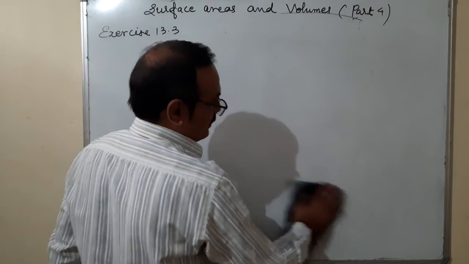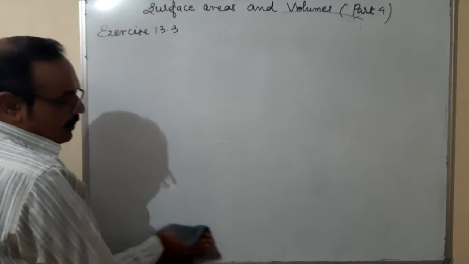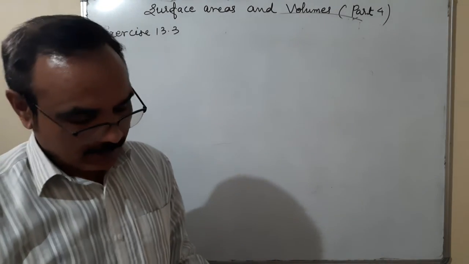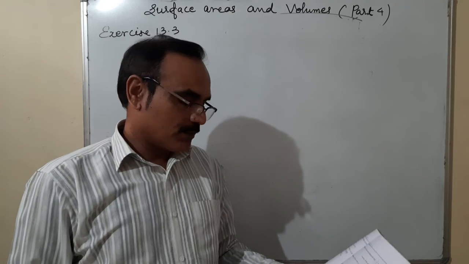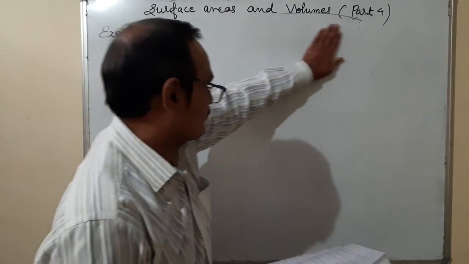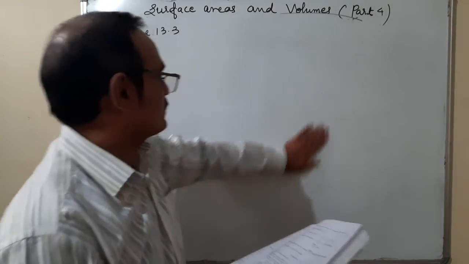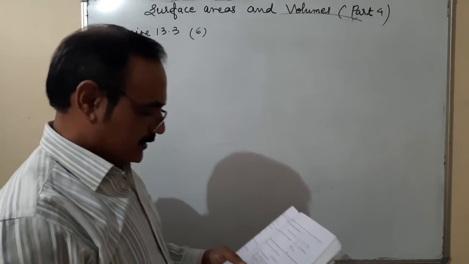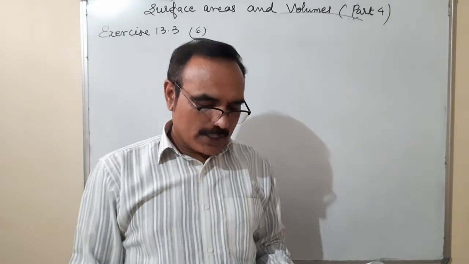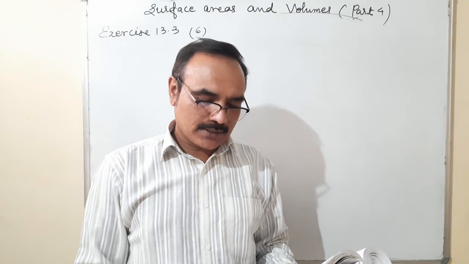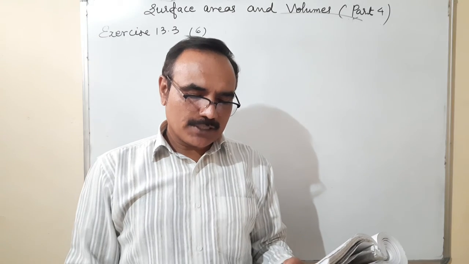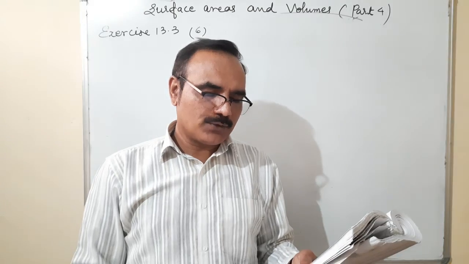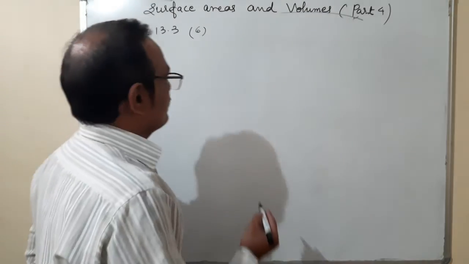Okay. After this question, we are taking question number 6. The sixth is: how many silver coins 1.75 centimeter in diameter and thickness 2 millimeter must be melted to form a cuboid of dimensions 5.5 into 10 into 3.5?